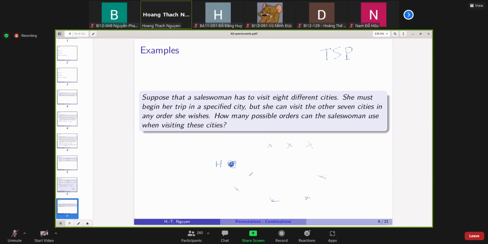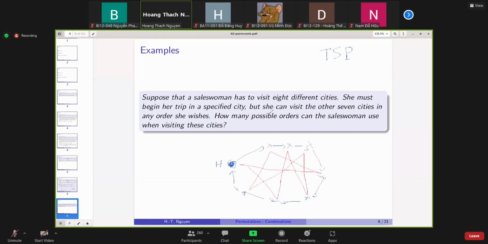And in how many ways can this person make the tour? This is an option. You can go this way. Or you can also go this way in a more chaotic order.